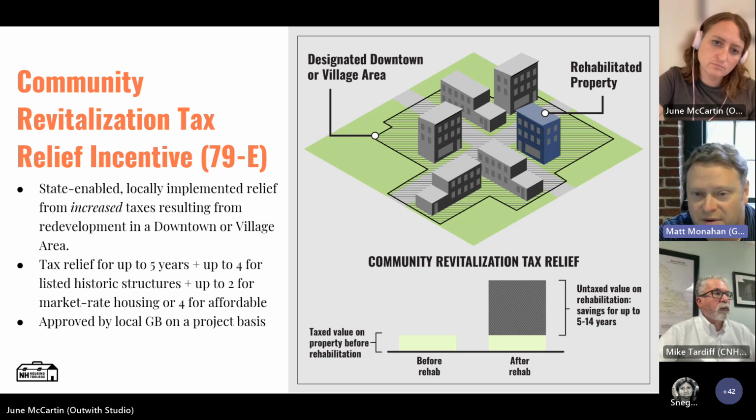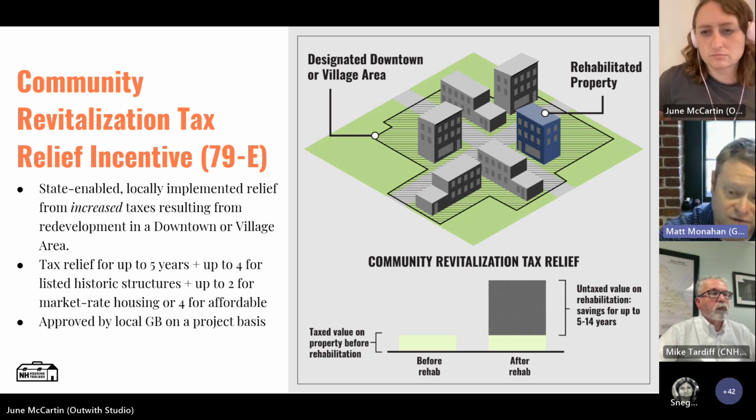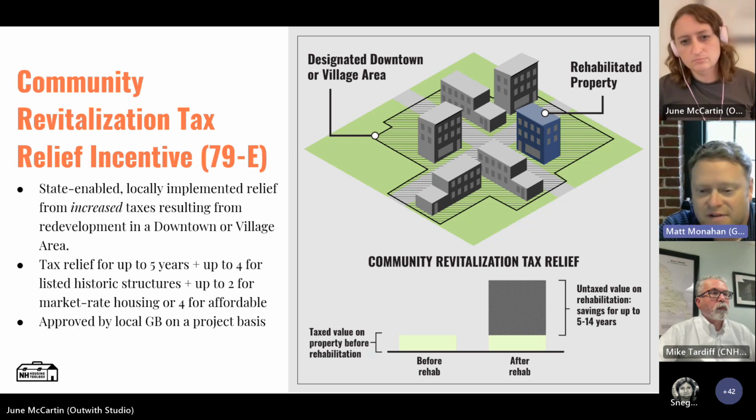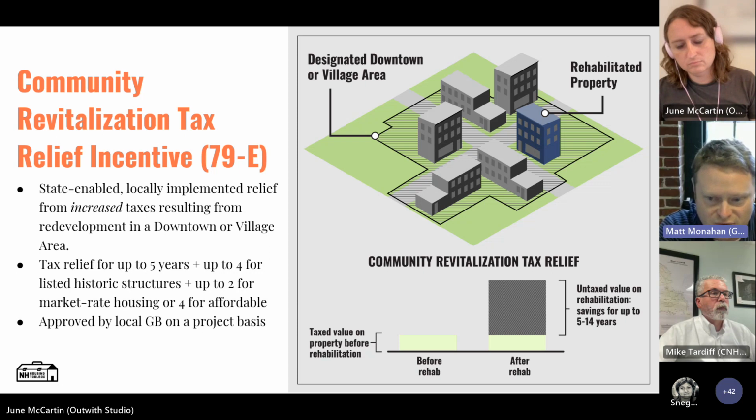Workforce housing or another type of housing being the key, right? So you've got a mixed use downtown area. You're saying, hey, yeah, we want to get a few more second and third floor apartments, whatever the case may be. That becomes the identified community benefit. And the Board of Selectmen are saying, hey, we're going to grant you 5 years or whatever they end up coming up with.